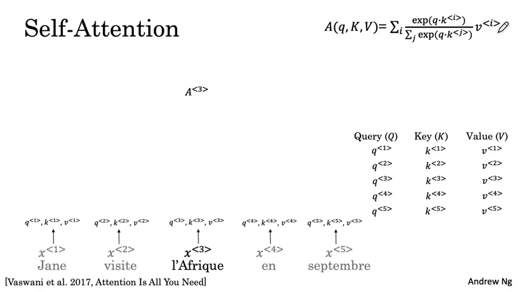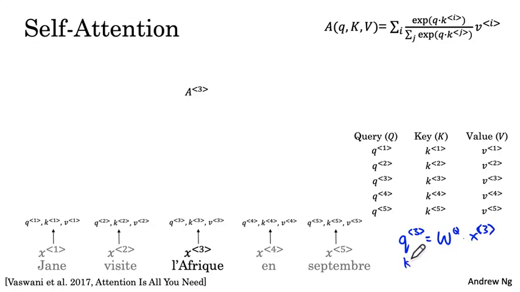So if X3 is the word embedding for l'Afrique, the way that Q3 is computed is as a learned matrix, which I'm going to write as WQ times X3. And similarly for the key and value pairs.